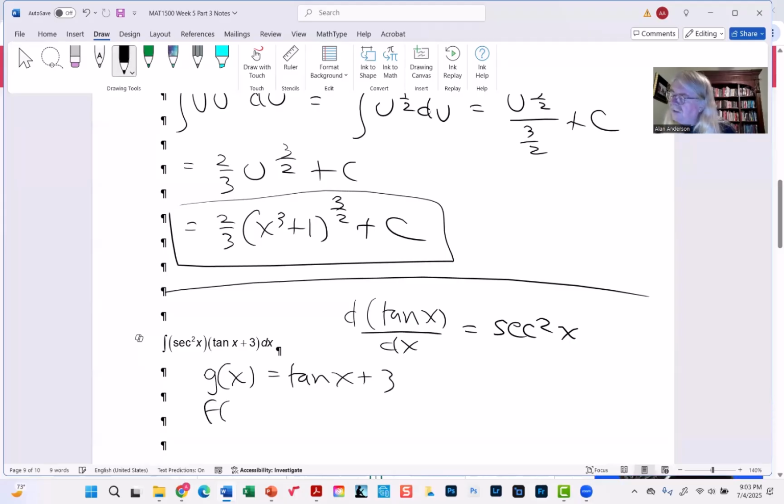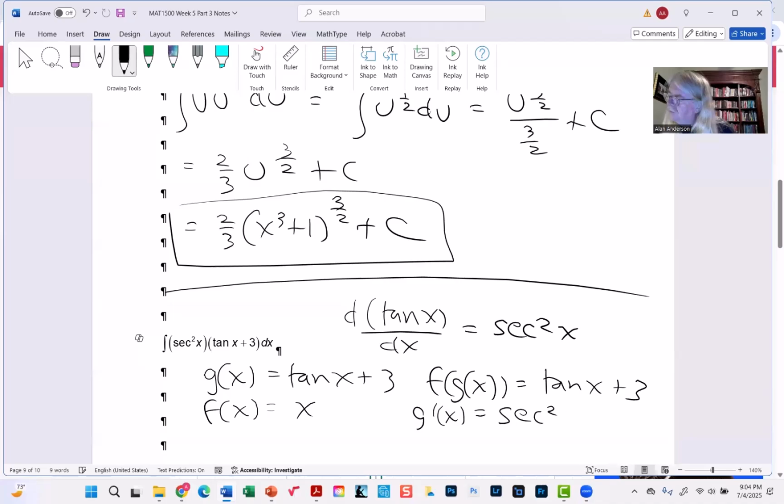Then f of x would just be x, so that f of g of x is tangent x plus 3. And then g prime of x will be secant squared of x.